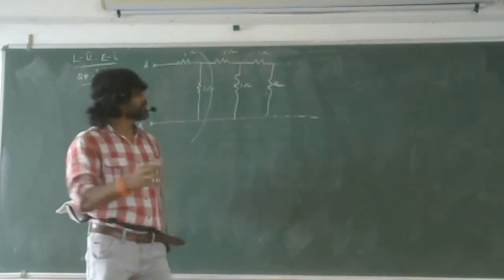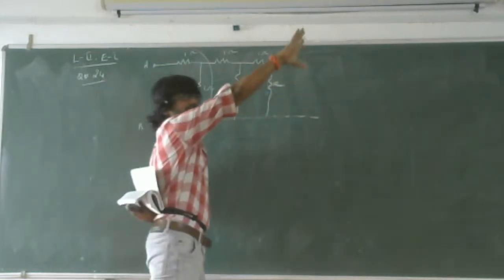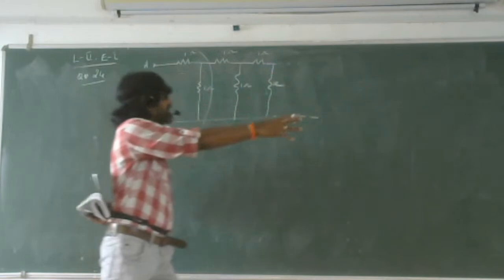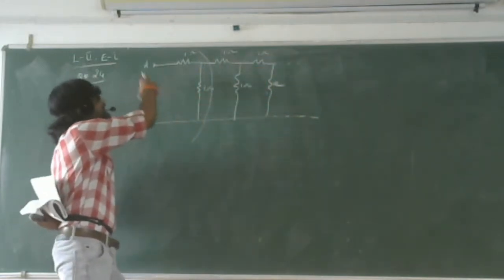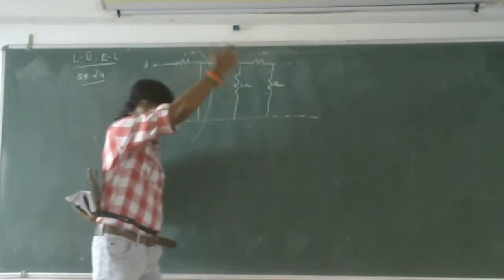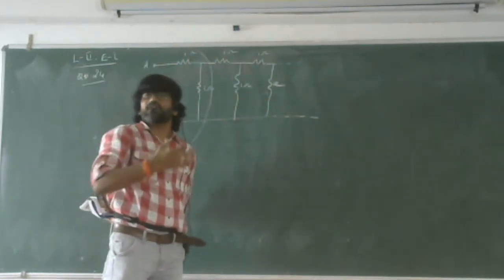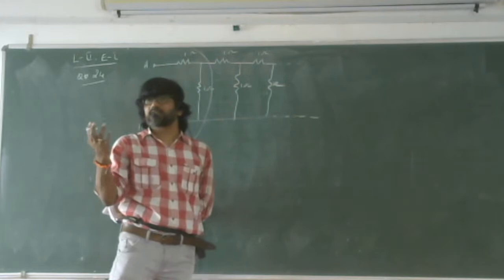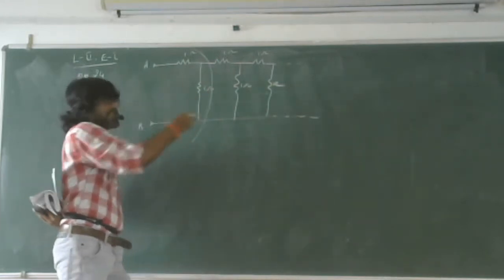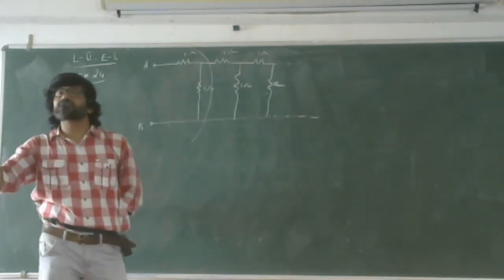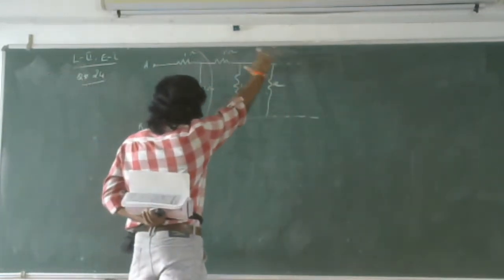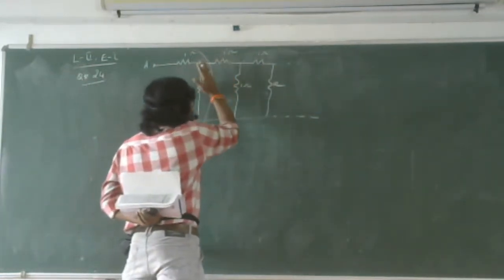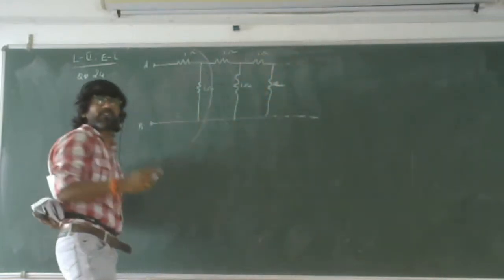Same way, if there are infinite such elements of this RR, and you add this element, let us say the total resistance, we don't know, is some X. If you add this element to that, the effective resistance will not change. Yes? So let us consider that the total or effective resistance of this remaining part of infinite network is X.